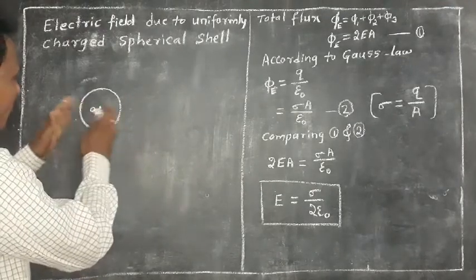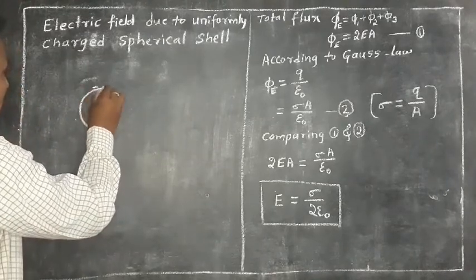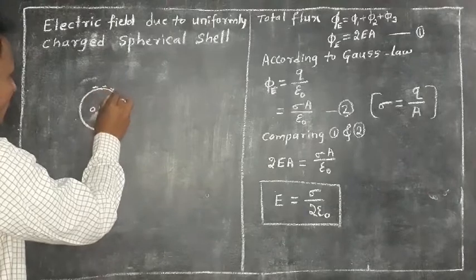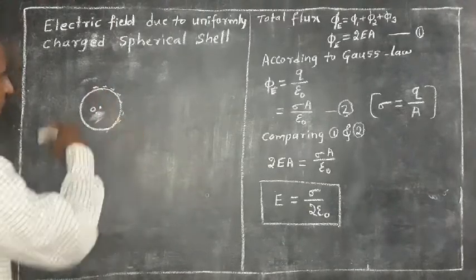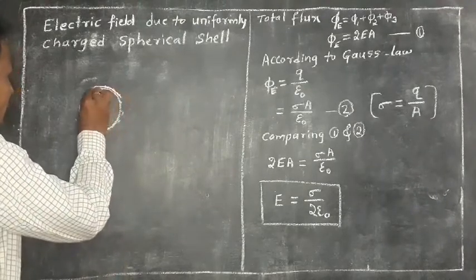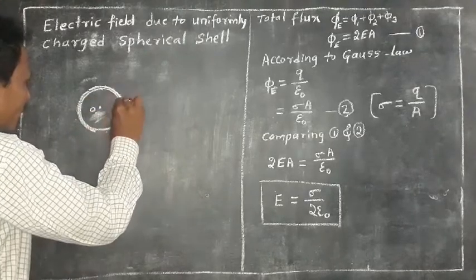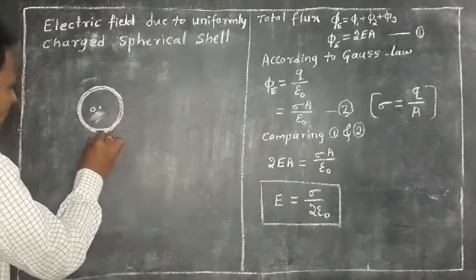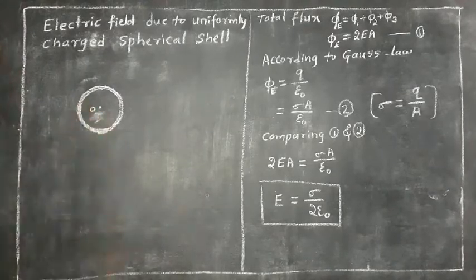Therefore, this charge conducts and it is uniformly distributed on the surface. And this is the spherical shell with O as the center.